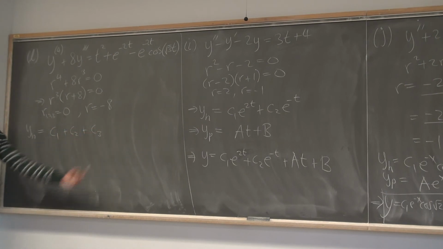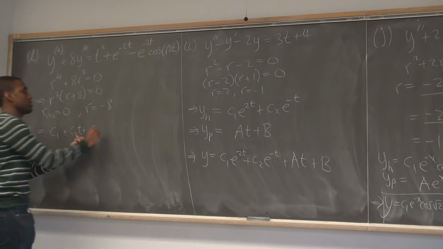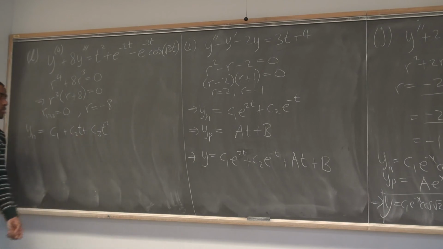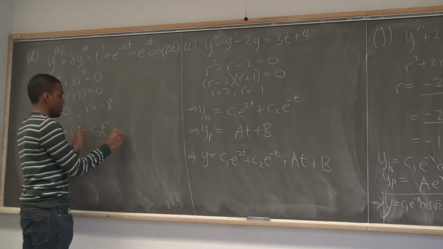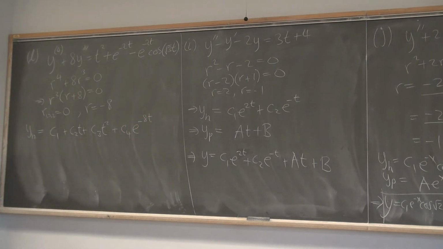What's the problem with this? They all have to be some power of t. I have to multiply by t, because it's e to the 0t, plus t e to the 0t, plus t squared e to the 0t, plus C4. Okay, so that is our homogeneous solution.